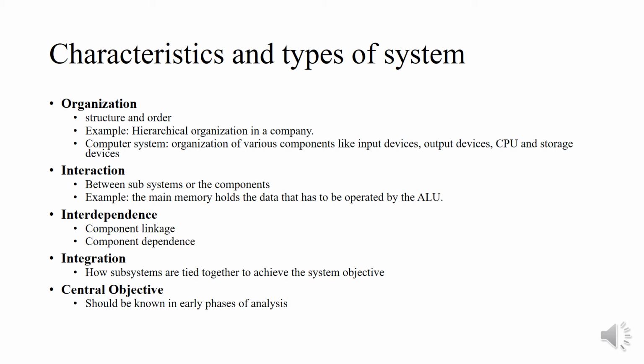Interaction. There are different components, different subsystems which are part of one single system within their environment. So if you talk about just the computer system, then the storage devices, which have memory, store the data coming from input devices, processed in the CPU, and generated as output by output devices.